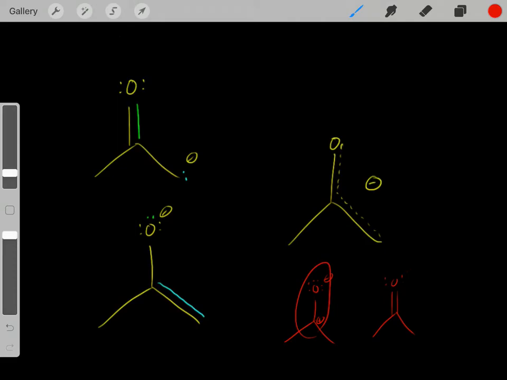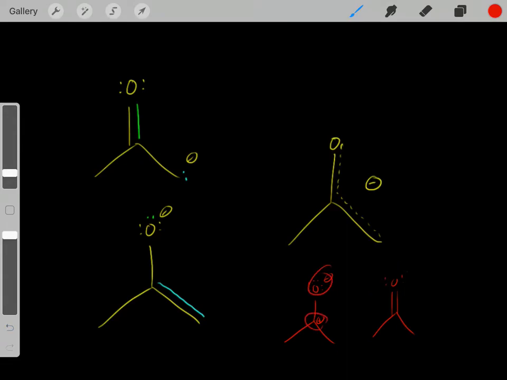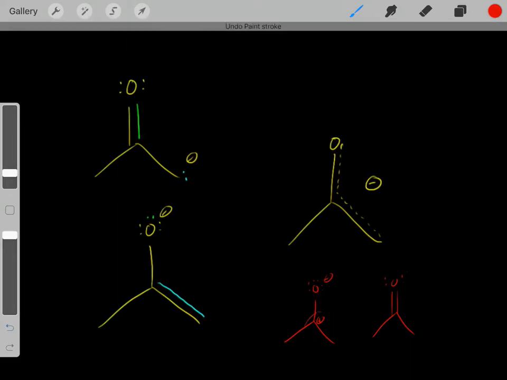In this one, the atoms don't have an octet, so that's not favored. Therefore, the hybrid structure would most closely resemble this compound. It also does this because there are fewer charges. We know nature hates these localized charges, this localized negative charge and this localized positive charge, which is unstable. So that's another reason why this resonance structure is more favored.